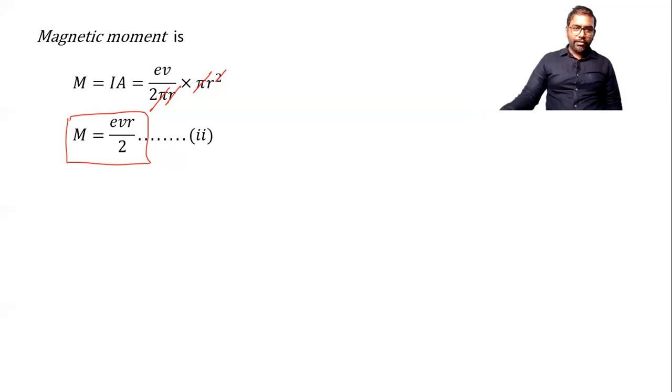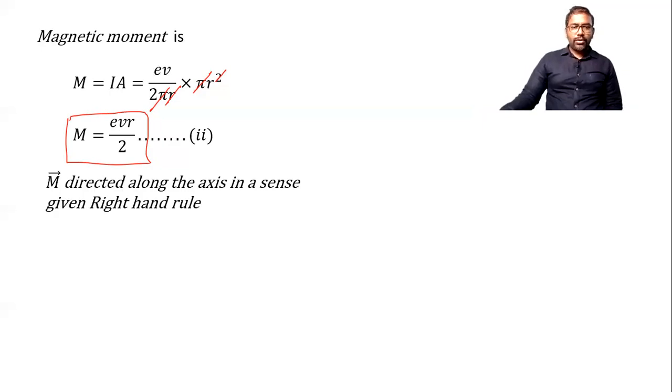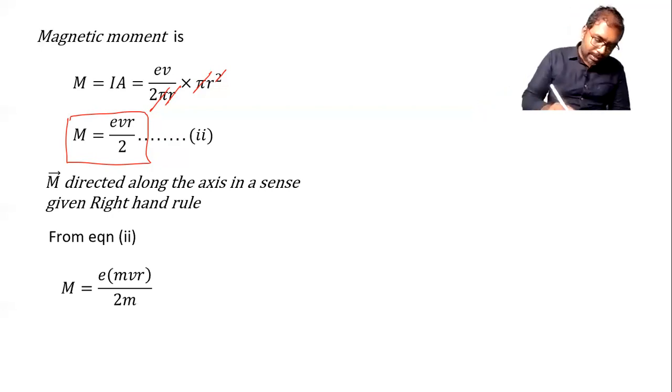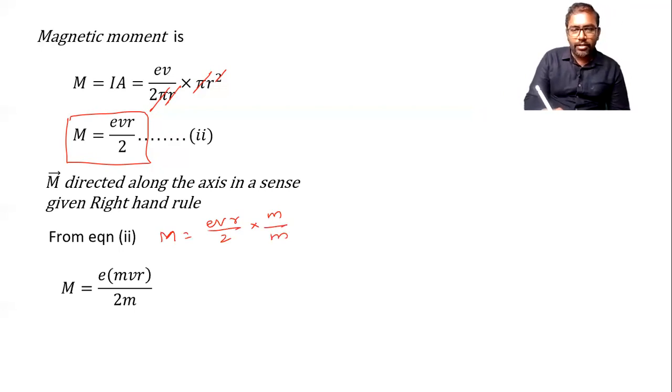Now let me modify this. This dipole moment is directed along the axis in the sense given by the right hand rule. Now from equation number 2, I can rearrange the term. You can see here evr by 2. I can multiply it by m and divide by m, where m is the mass of the electron. Then we get e into mvr divided by 2m.